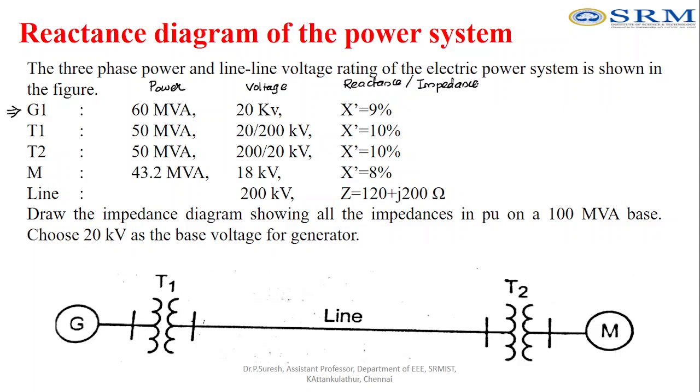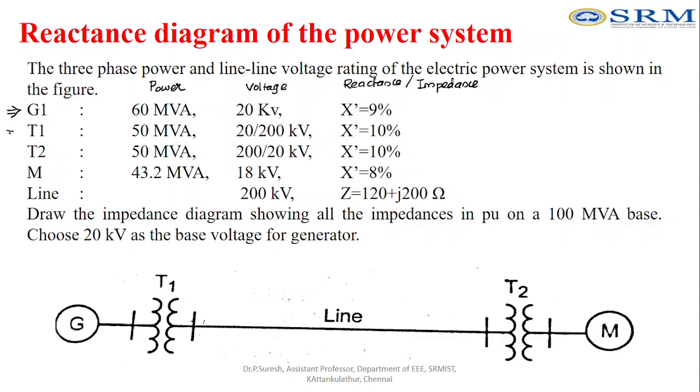Either impedance or reactance should be given. So these 3 parameters should be given for all the components. Similarly, if you take generator 1, it is given as 60 MVA, this is the power, and 20 kV, this is the voltage, and the reactance value is given as some transient reactance, 9%. So for the generator, it is given as 3 parameters: power, voltage and reactance.